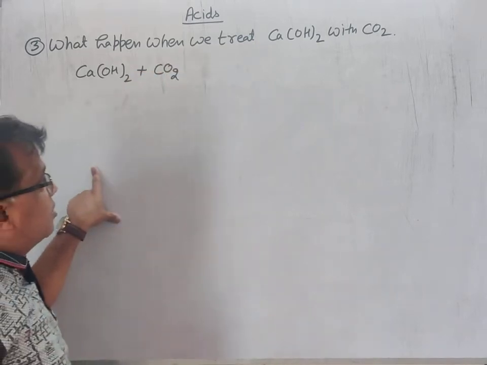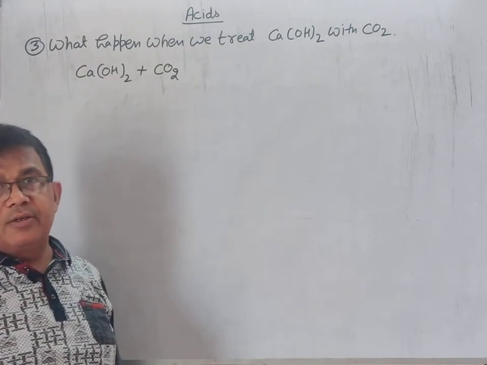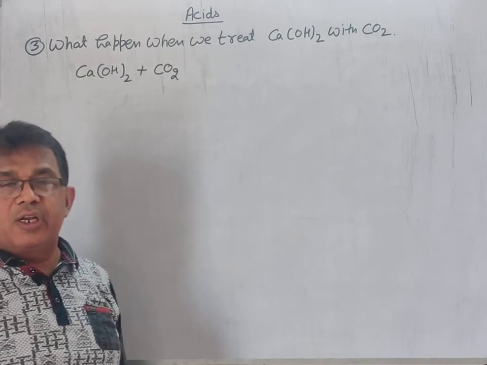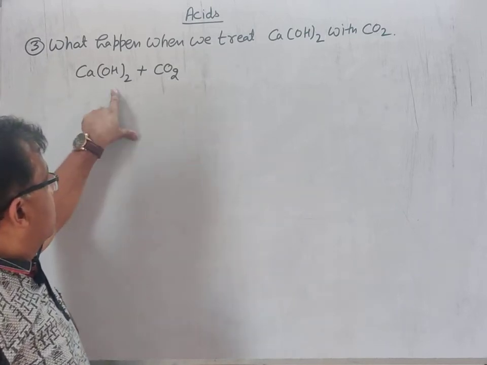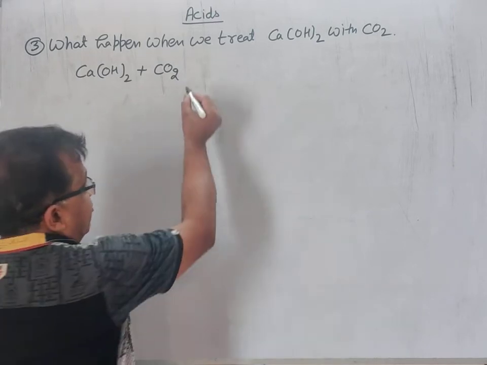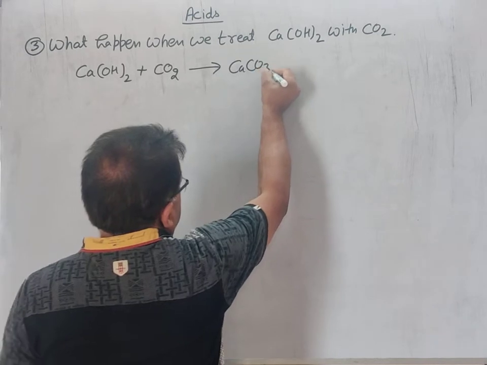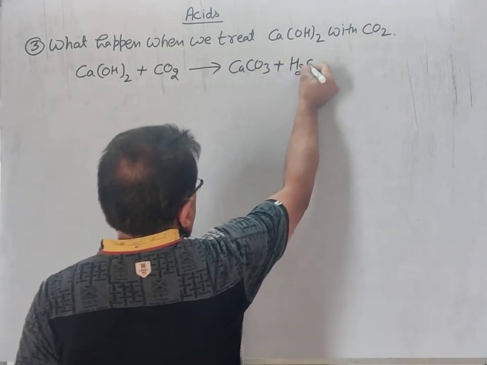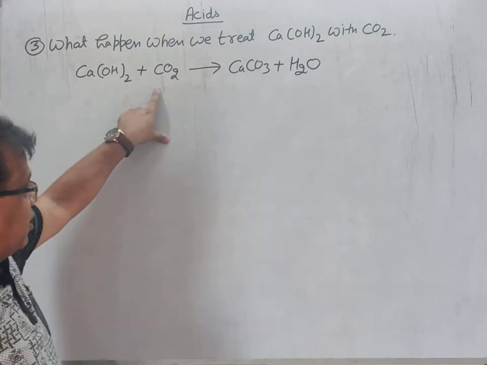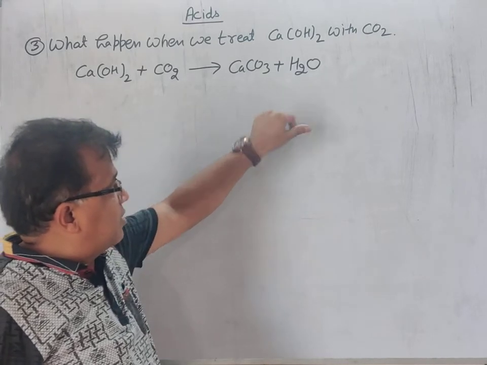We have studied this in lesson number 1, in the question why walls shine after 2 or 3 days of whitewashing. So there I told you that this reacts with carbon dioxide to produce calcium carbonate and water. So same things. Here calcium carbonate and water is produced. So calcium hydroxide reacts with carbon dioxide slowly to produce calcium carbonate, which is a shiny substance, and water.